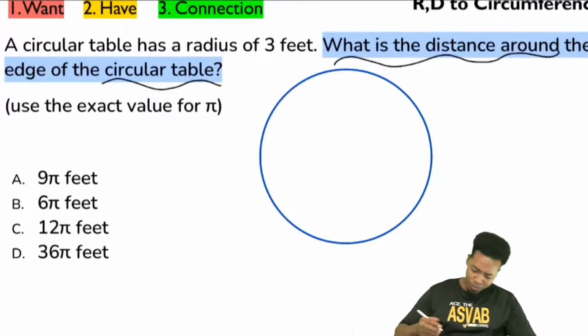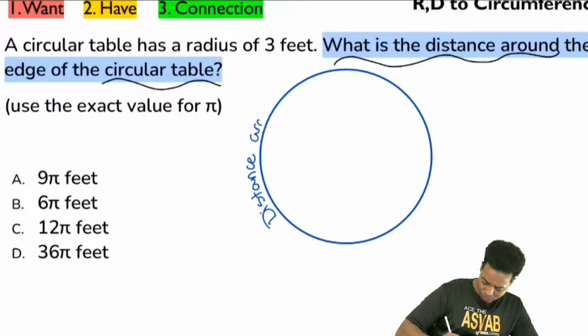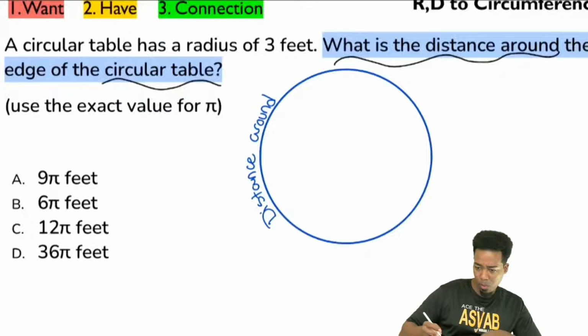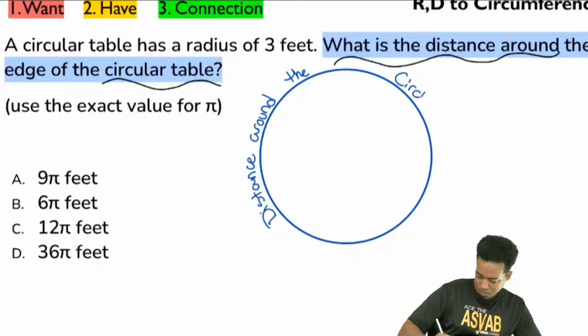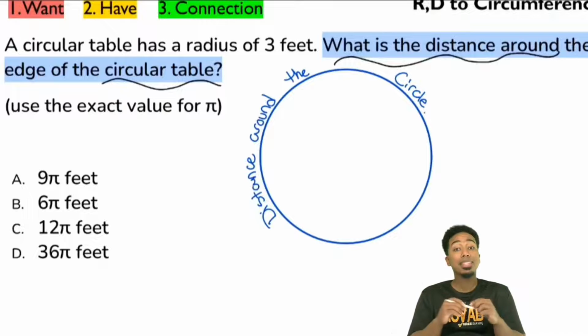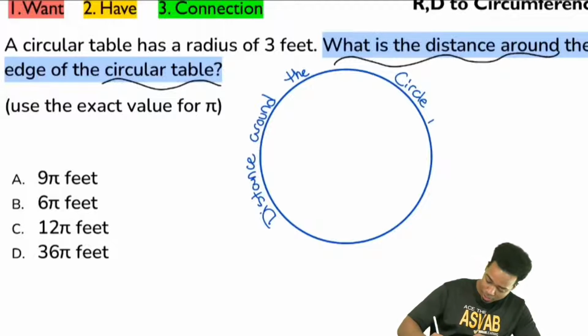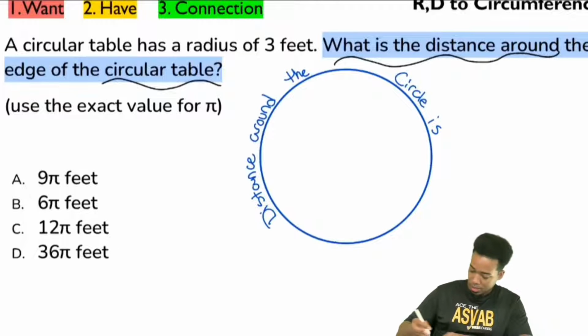Now, everyone, remind me, what's the distance around again? What's that word again? Right, that's the circumference. The distance around the circle is the circumference. Let me write that down for you.